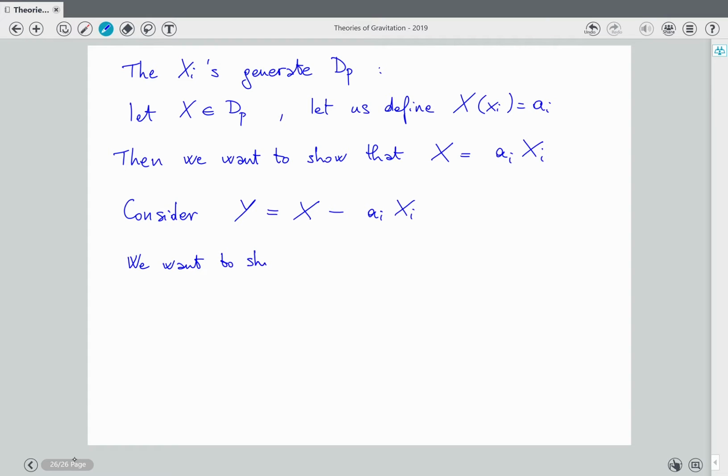We want to show Y of f equal to 0 for every f belonging to the space of germs of smooth functions in P.